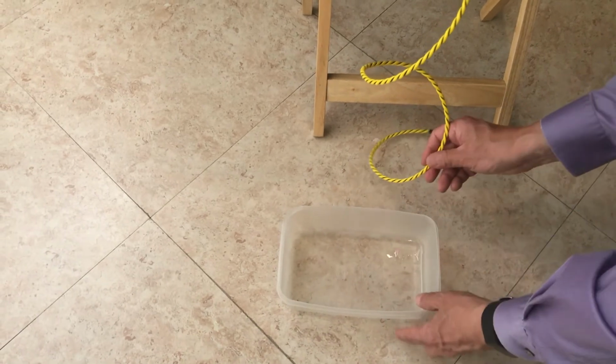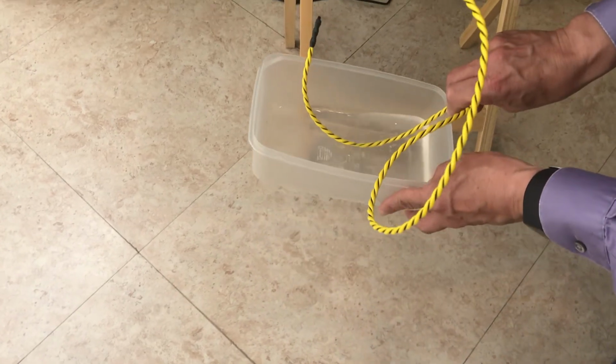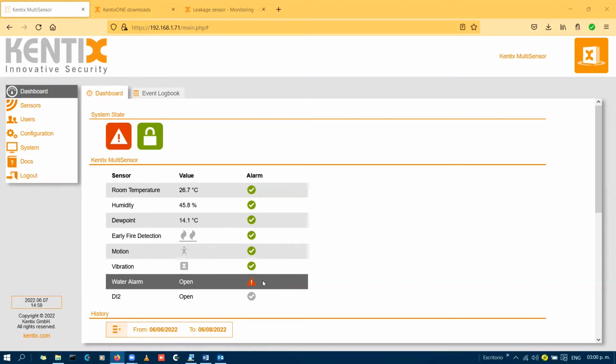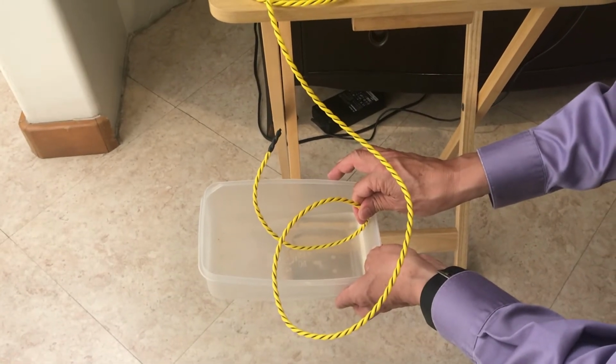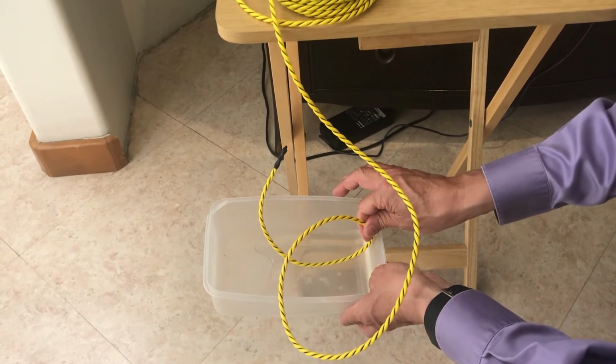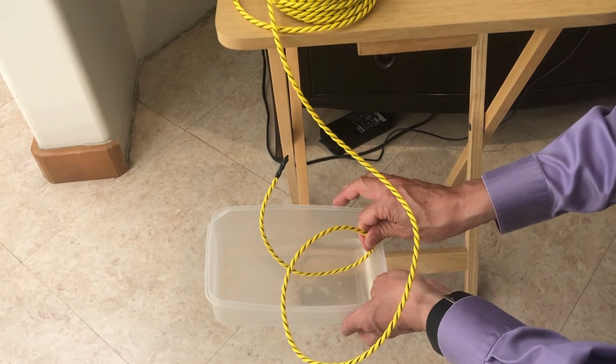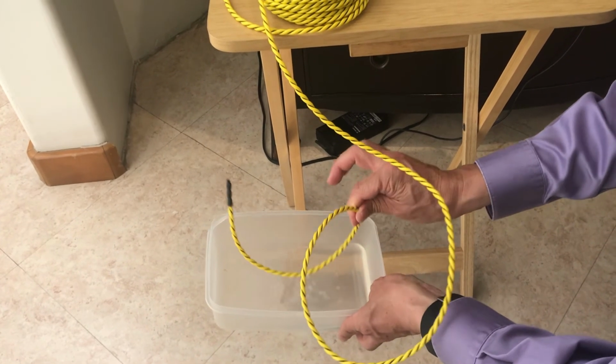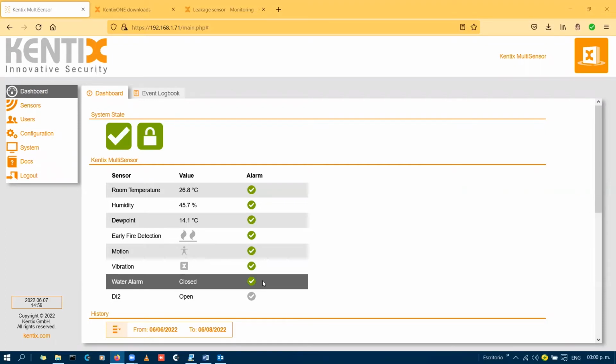So what I am going to do is put it in the water. It is in the water, and you will see that there is an alarm. I still have the rope in the container, and you can see that it is red. Now I am going to take the cord out of the water, and immediately it goes to green.